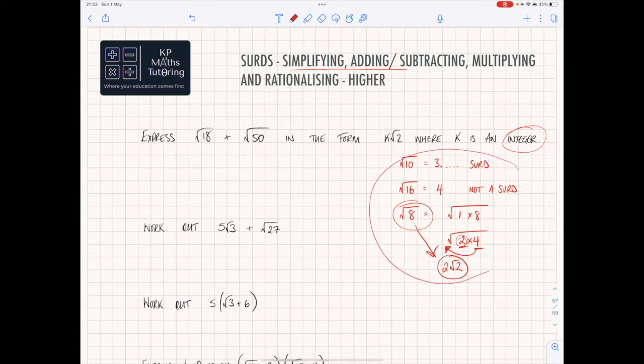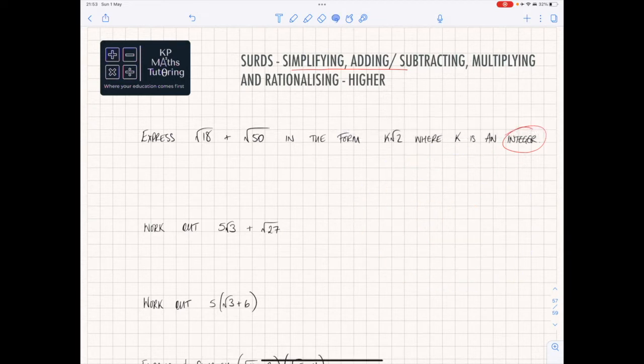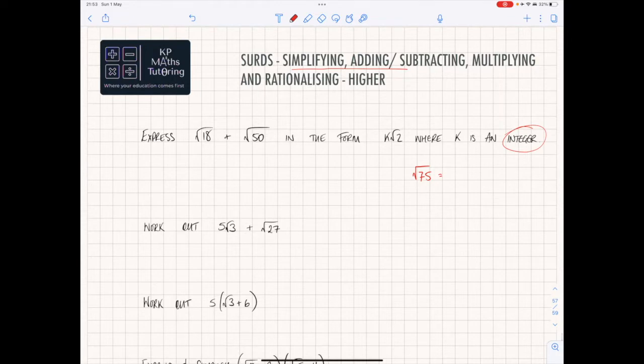Let's take another example. So I'm going to get rid of all of this. Let's look at something like root 75. So if I think about that, 1 times 75 gives me 75, but I'm putting it under a root sign because obviously this is all a root. 2 doesn't go into it.